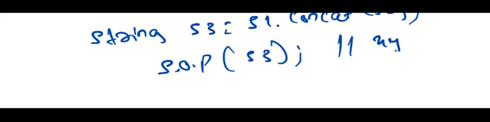I want to combine these two strings. So we can write like this: string s3 is equal to s1 dot concat s2. If we want to cross verify, then we can print the s3 value. That's it. So this will give you xyz abcd.